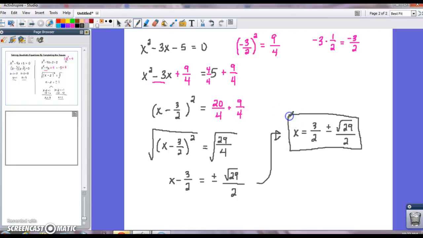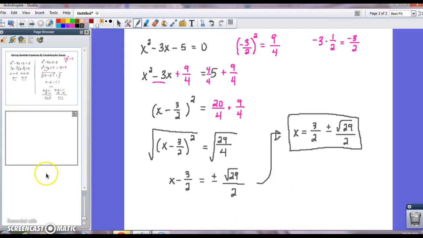If you can't factor it, you are always going to end up with some sort of radical in the numerator of one of those fractions. Always, always, always. This is still an answer. You still have two answers here. You have 3/2 plus square root of 29 over 2 and 3/2 minus square root of 29 over 2. That is the process for completing the square.